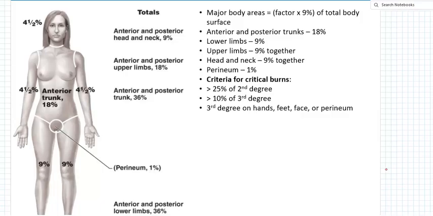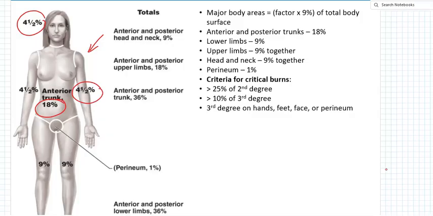You see these numbers? These numbers show you what percentage of the body surface belongs to a particular body part. So the anterior or ventral surface of your entire arm is 4.5. The posterior dorsal surface is the same. For example, your trunk, anterior, 18.